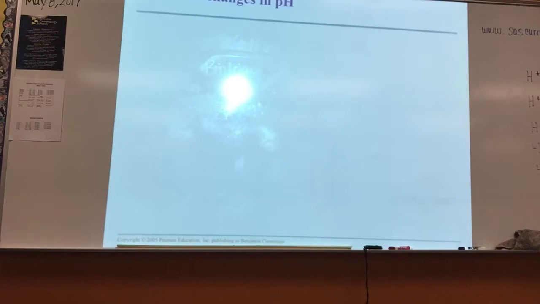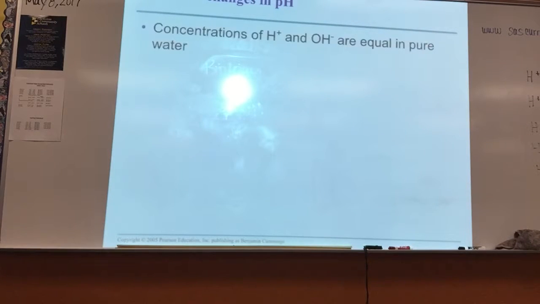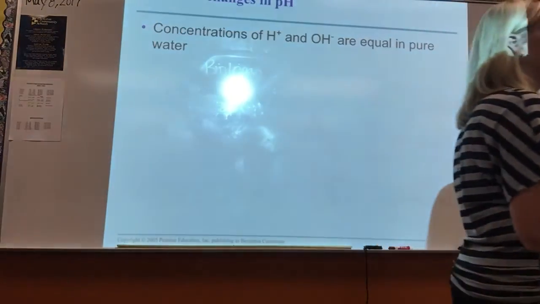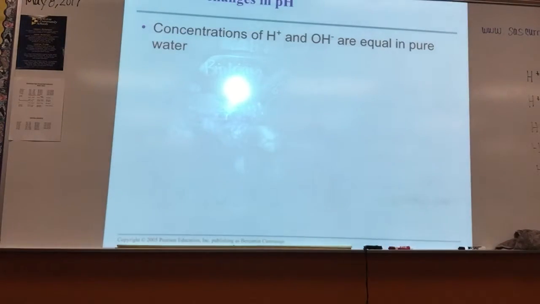So let's talk about the effects of changes in pH. Due to the fact that a water molecule can dissociate into H plus and OH negative, the concentrations of H plus and OH negative are equal in pure water. I just drew an example up here: 5 H pluses to 5 OH negatives, so the concentration is equal.